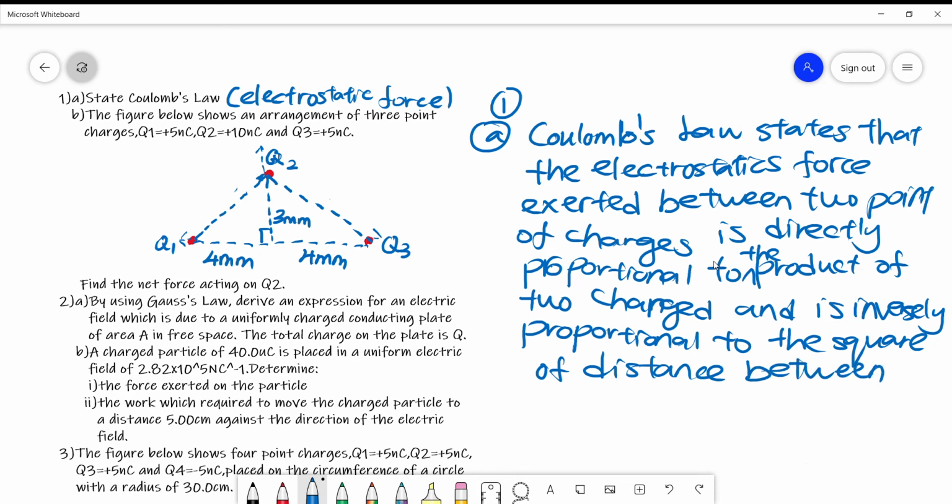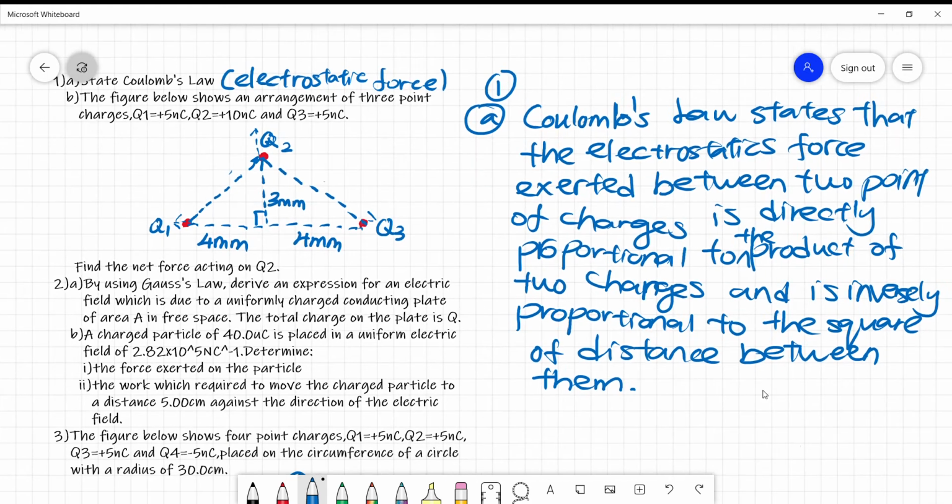So this is basically the statement of Coulomb's law, which states that the electrostatic force exerted between two point charges is directly proportional to the product of two charges, and is inversely proportional to the square of distance between them. So this is the qualitative explanation.